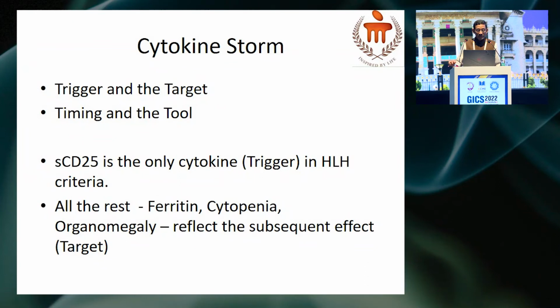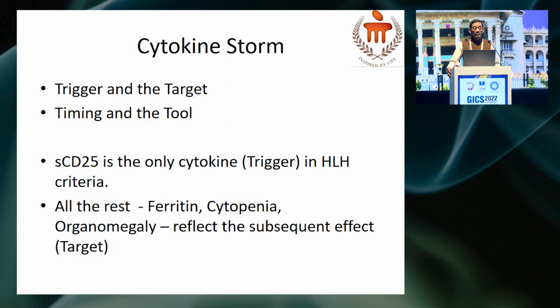When we have a patient with cytokine storm, while treating it, we have to understand that we may have tools, but the timing is important. You must also identify what is the trigger and what is the target. There's no point in chasing the target because the damage is already done. We need to see what the trigger is and control it.